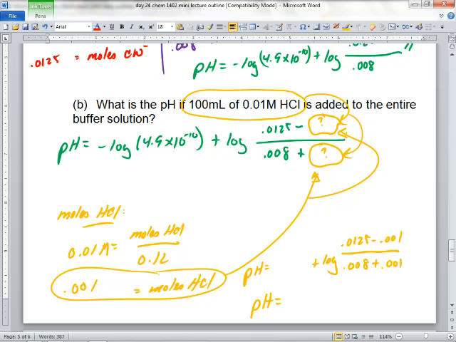What did you get when you took the negative log of 4.9 times 10 to the negative 10? 9.30. Okay, and then what did you get when you did the log of those two numbers? I got 0.106.